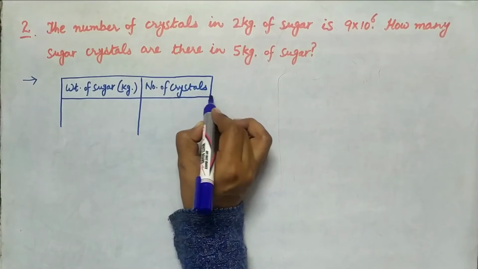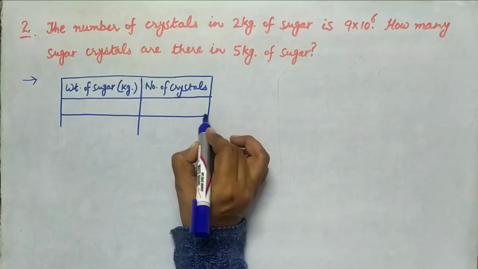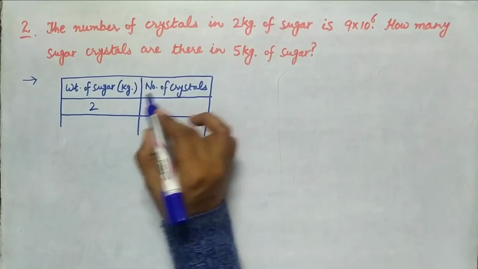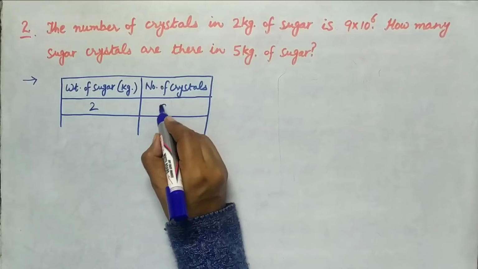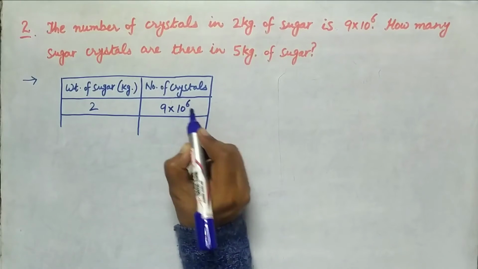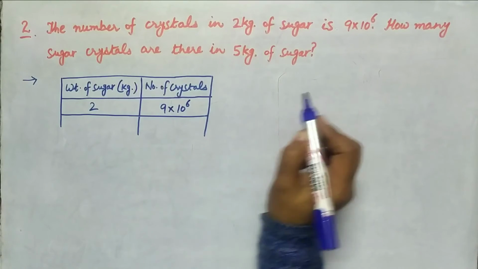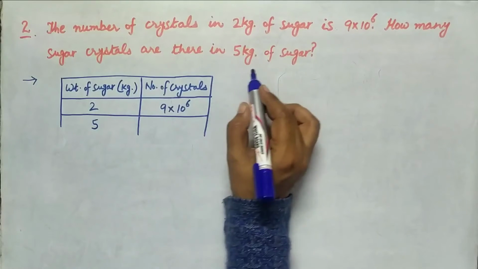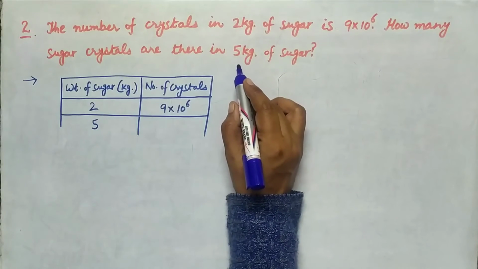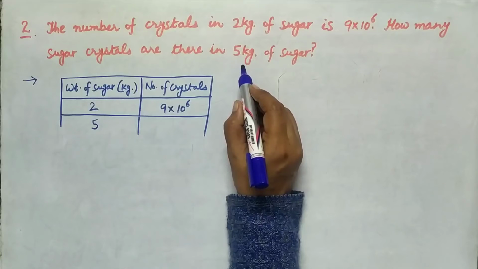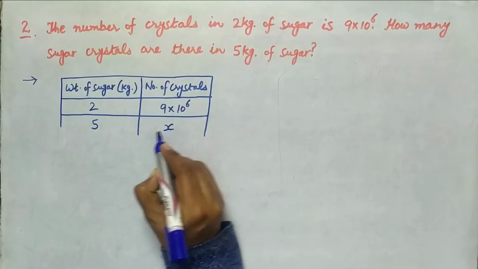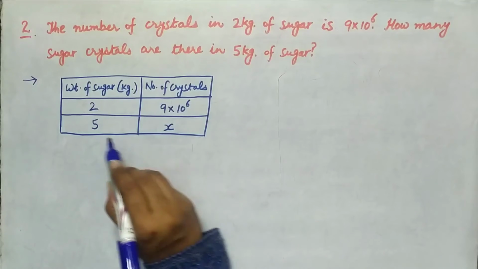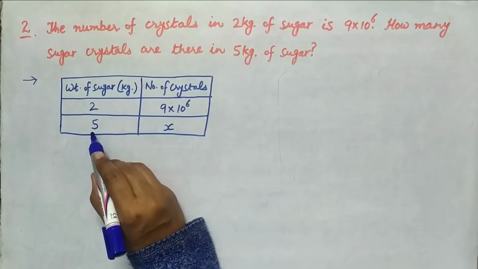The first weight is 2 kg and the crystals are 9 multiplied by 10 raised to power 6. Next one is 5 kilogram sugar, and crystals in 5 kilogram, that we have to calculate. It means here will be X, the number of particles that 5 kilogram sugar contains.